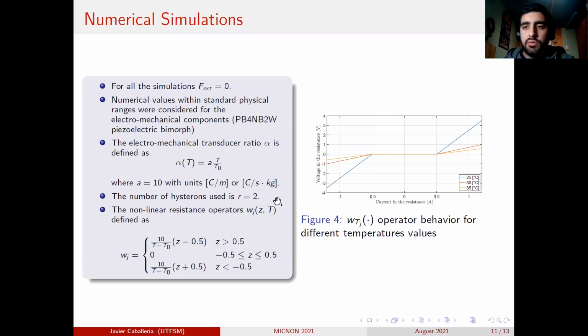For simplicity, we use only 2 histograms, both equal. This means the same value of inductance and the same nonlinear operator. And we define the nonlinear operator as you can see in figure number 4.